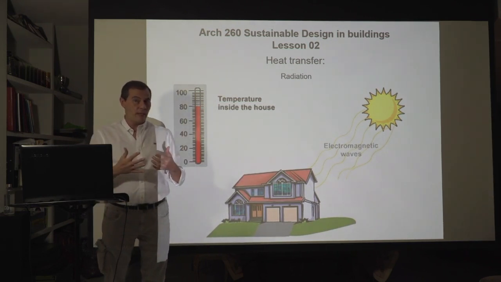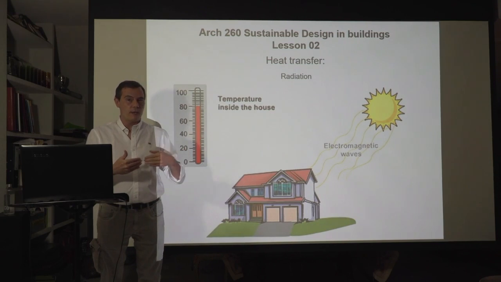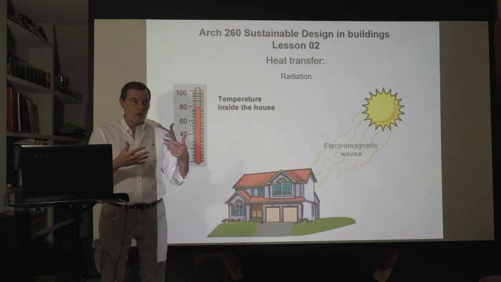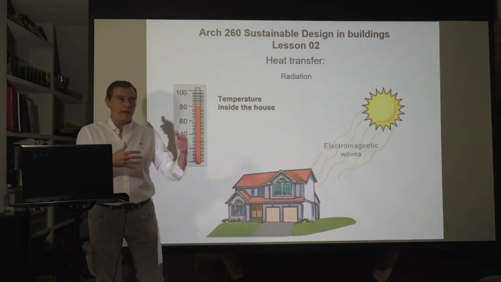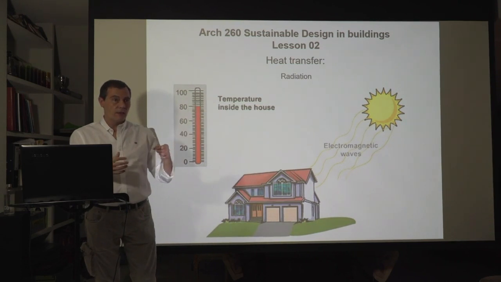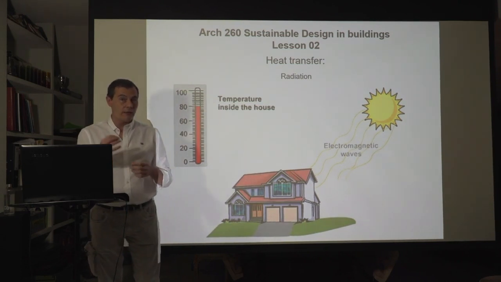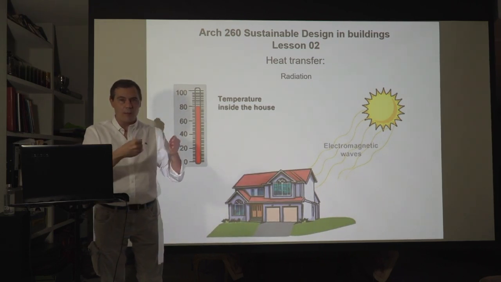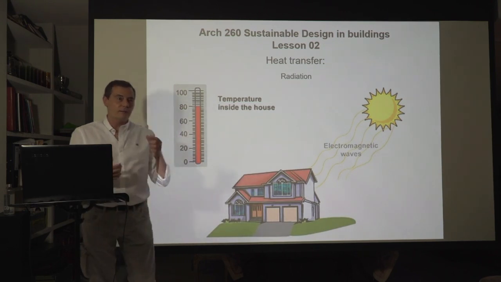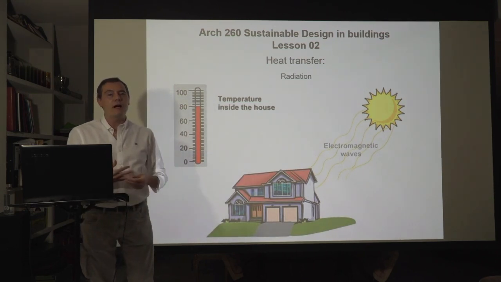We have solid elements that are able to transmit radiation, like glass. So we have glass windows, and the sun enters the building. The glass is a solid element which is transparent to solar radiation. A brick is not transparent, concrete is not transparent, wood is not. But glass or some plastics are solid elements transparent to radiation.